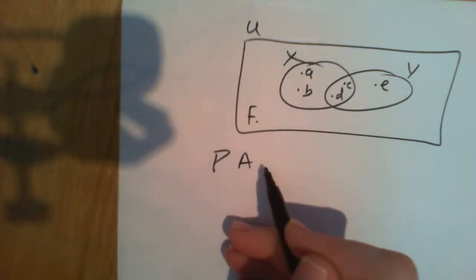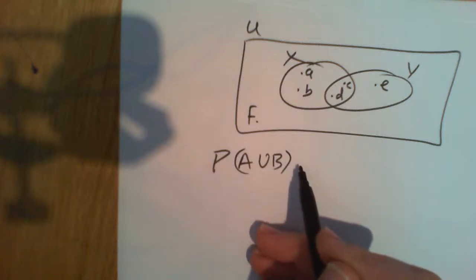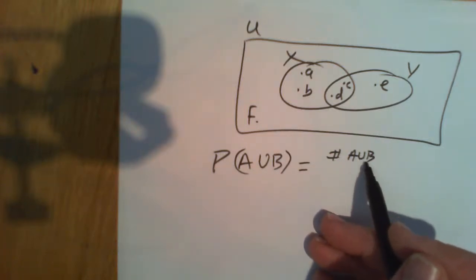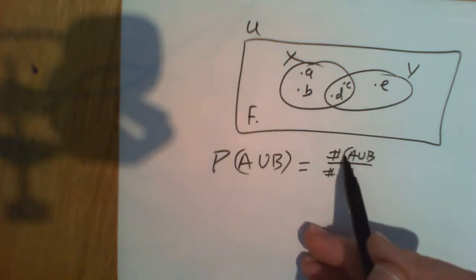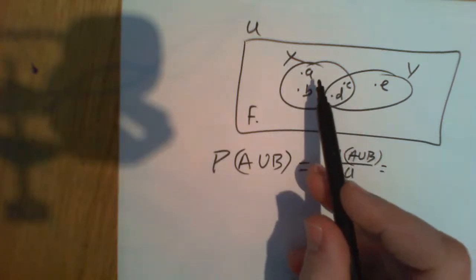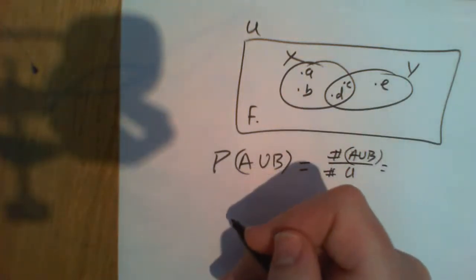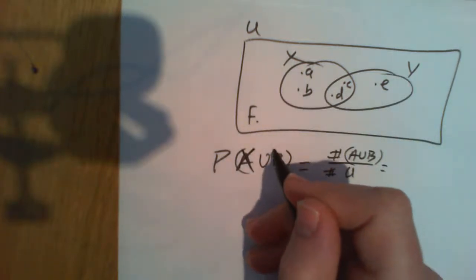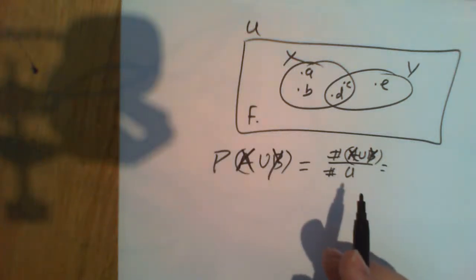The probability of picking A union B. Well, that's just hashtag A union B divided by hashtag universal set. Sorry, my bad. I keep defaulting to A union B. It's X and Y, isn't it? My bad.